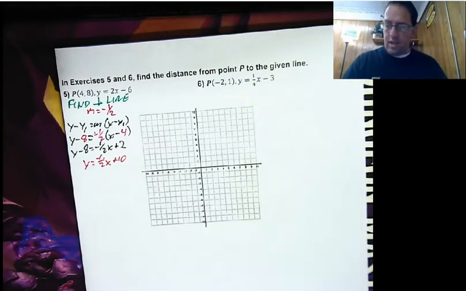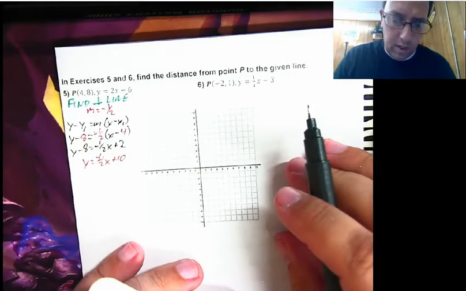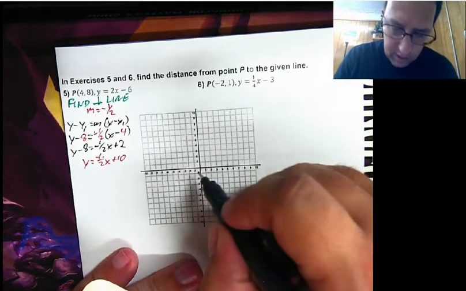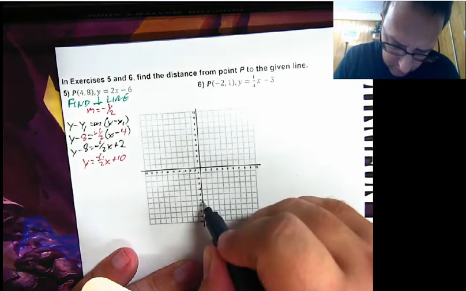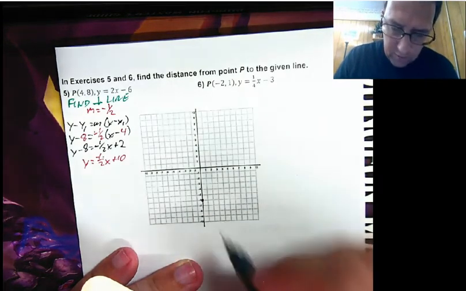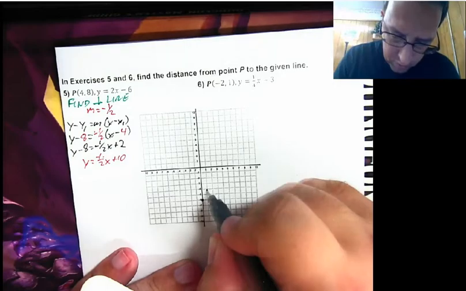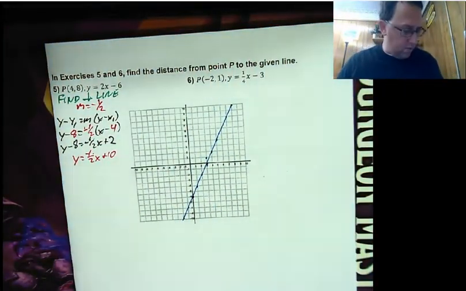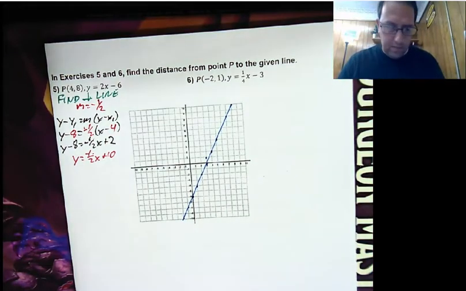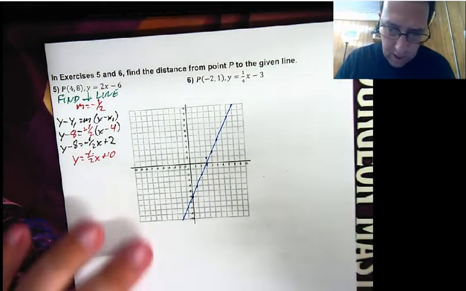All right, and you know what? This might help if we graph it. Let's go ahead and graph this: y = 2x - 6. So we start at -6 right here, and we have a slope of 2, so up 2, right 1. And point P is at 4, 8.